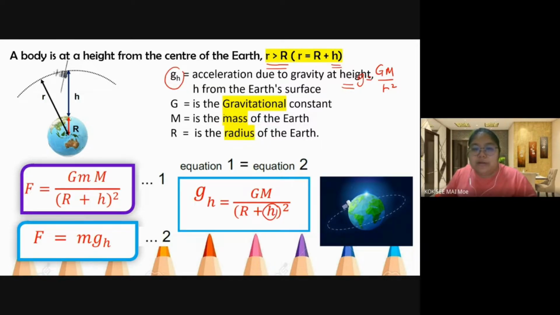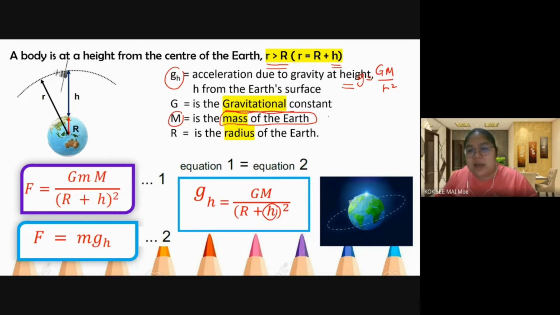G is the gravitational constant. You see the M? M is normally the mass of the Earth. They never mention the mass of the satellite, because we want to find the gravitational acceleration of the Earth. If you go further, every time we just compare with the Earth.